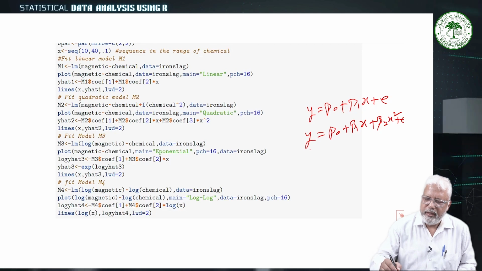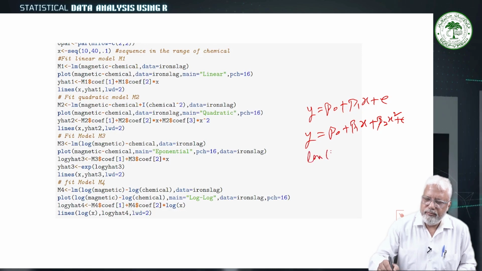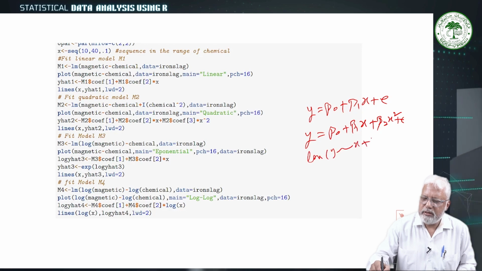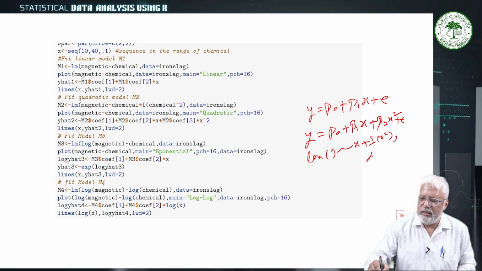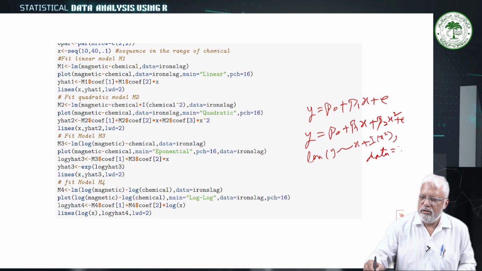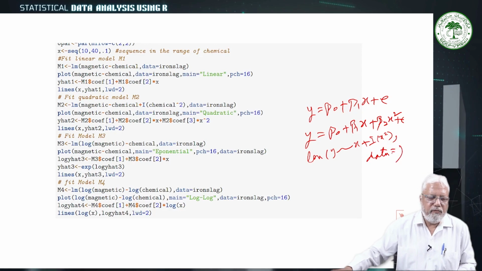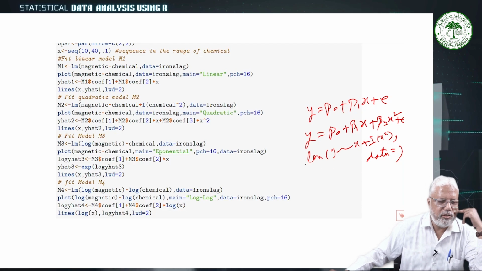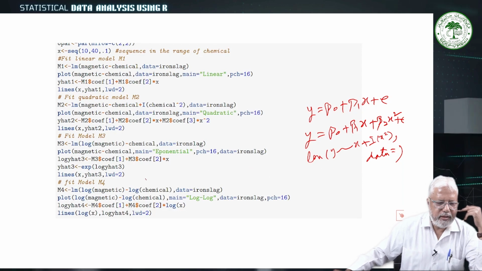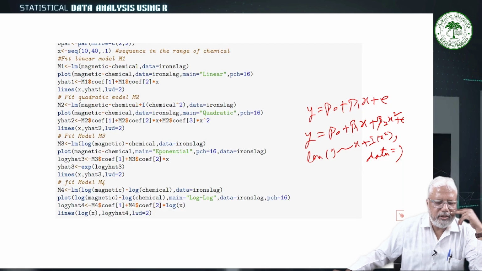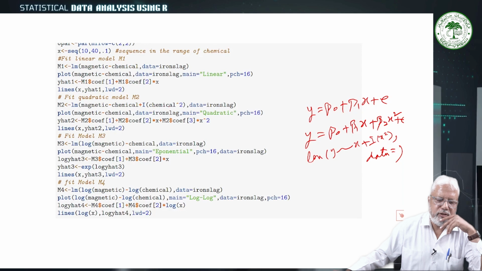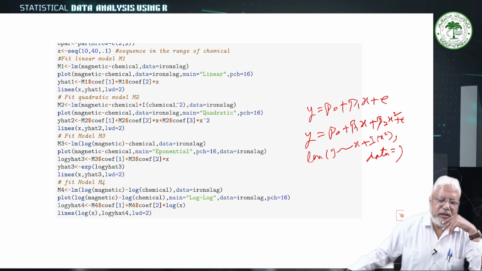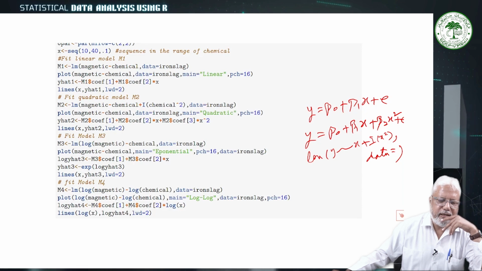So it will be lm of magnetic versus chemical plus I(chemical square), so that first it will square each element of chemical and then it becomes part of the model, with data equal to iron slag.